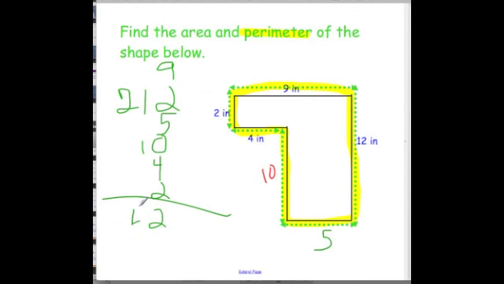So the perimeter of this figure right here, all the way around it, is 42 inches. Now we don't write squared with this because we are not finding the two-dimensional area, we're just finding around it. So just label it 42 inches.